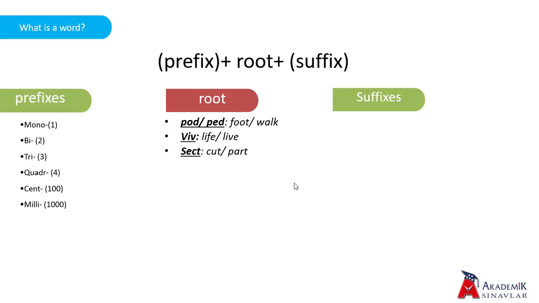Suffixes have 4 main categories. First ones are noun makers, the ones that you add to root to make a noun, like tion or ion, like information or connection, ance or ence, like performance.